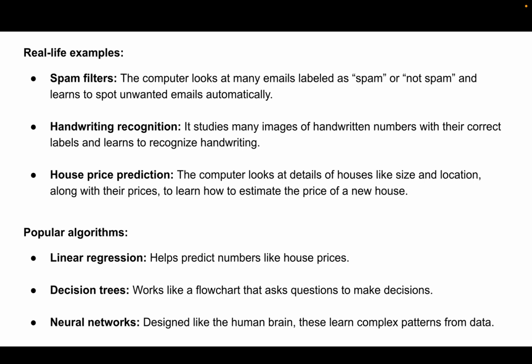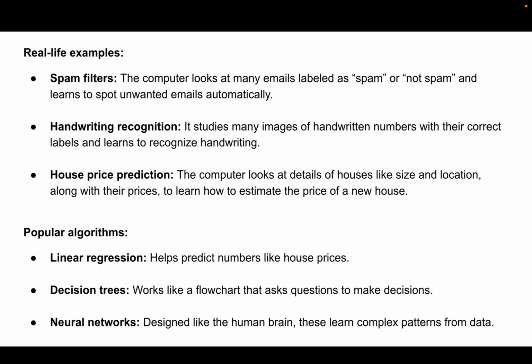It studies many different images of handwritten numbers with their correct labels, and that's how it learns to recognize handwriting. House price prediction. The computer is provided with the details of houses like size, location, along with their prices. And this helps it learn to estimate the price of a new house.